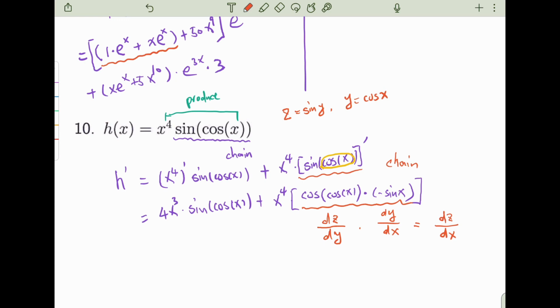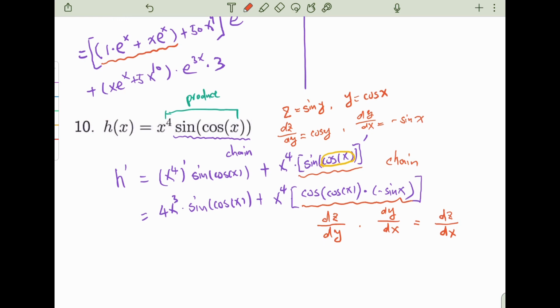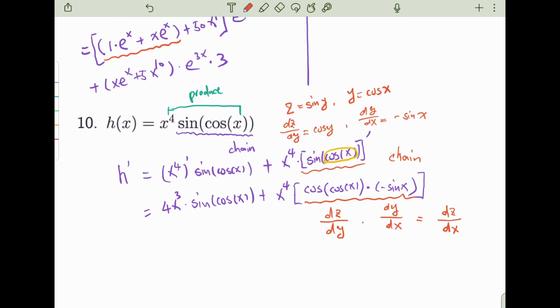Dz dy, that is cos y, right? And dy dx, that is negative sine of x. But we don't want to do that every single time because we want to be more efficient.